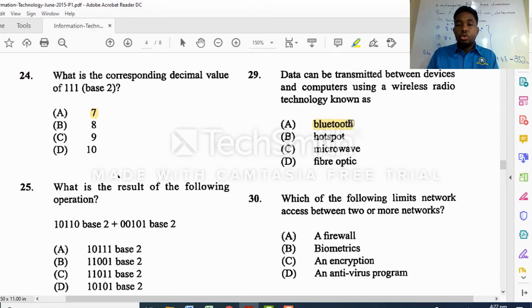So it would be Bluetooth. Hotspot is a Wi-Fi enabled area. Microwave signal from ground to earth technology, and fiber optic is a cable used to transfer information using light.